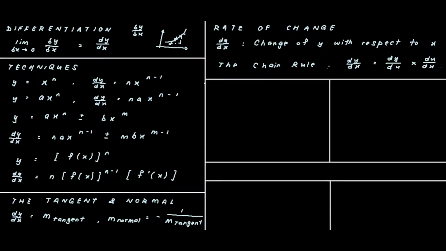Because we know that dy dx, when we talk about the change of y with respect to x, we are actually referring to a gradient. Under this part, we also learn what is meant by an increasing function, and also a decreasing function.